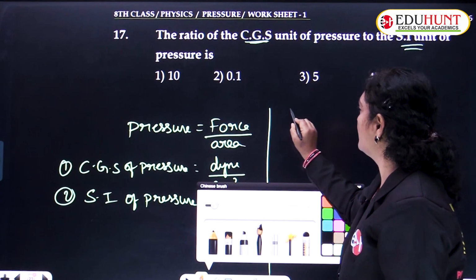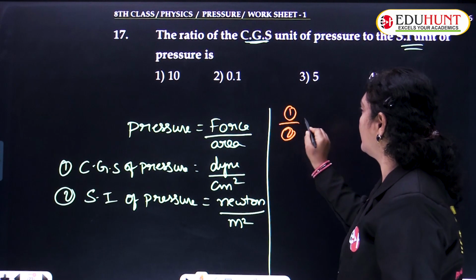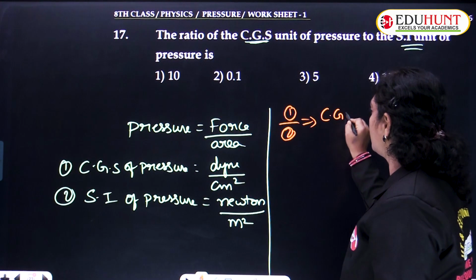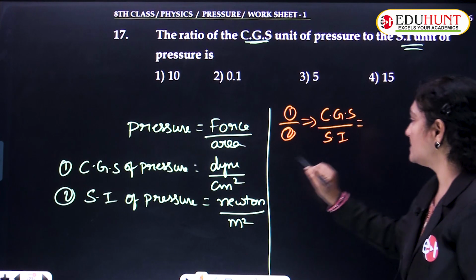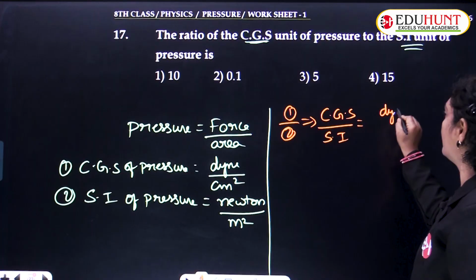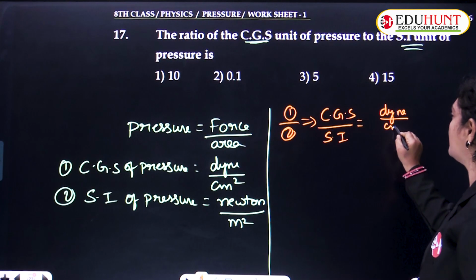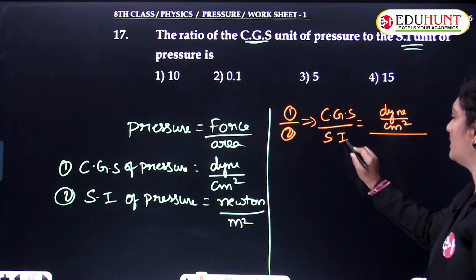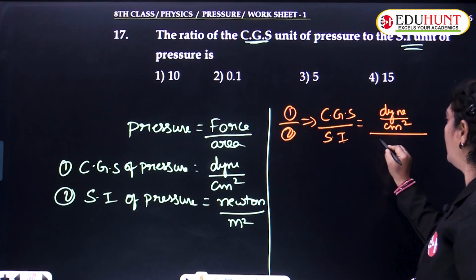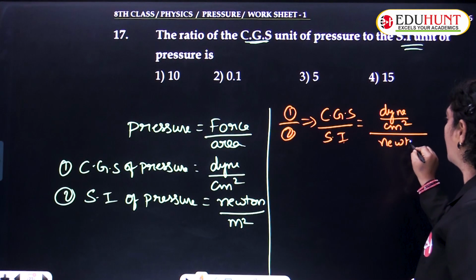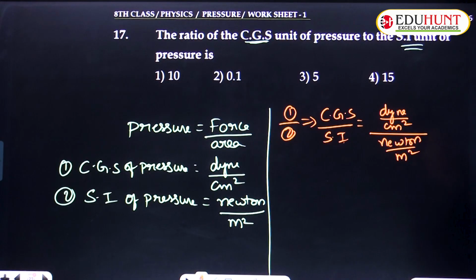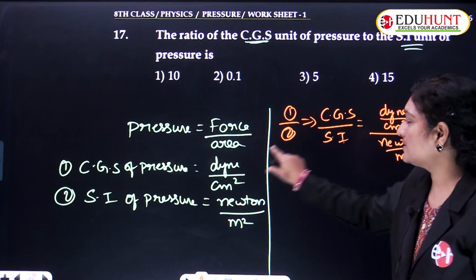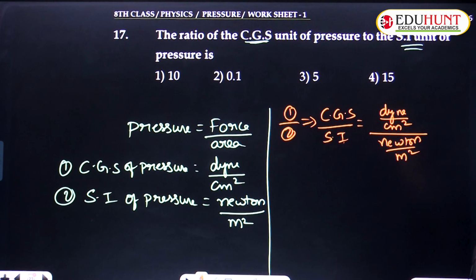Taking the ratio, equation 1 upon 2 gives the CGS unit of pressure to the SI unit of pressure. So the CGS unit is dyne per centimeter square whole upon the SI unit, Newton per meter square. Is that true?